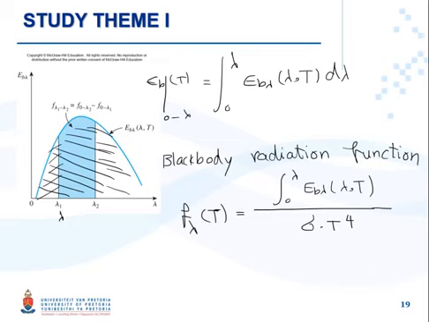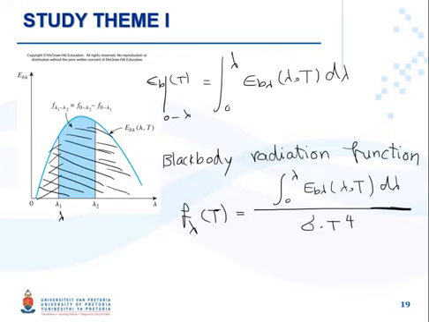So the black body radiation function will give the ratio of the emissive power of that specific area to the whole area.